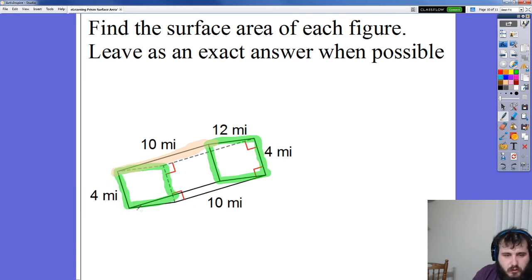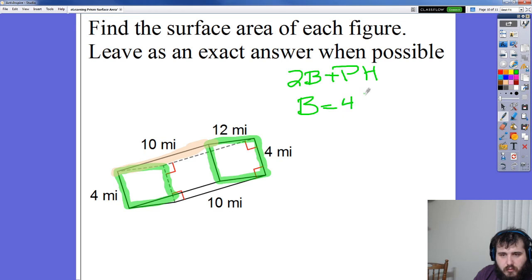So here's our situation: 2b plus ph, and you go through. Here's our bases are 4 by 12. And again, this is a rectangle, so base times height, 4 times 12.